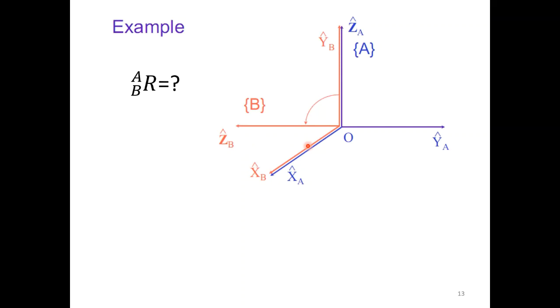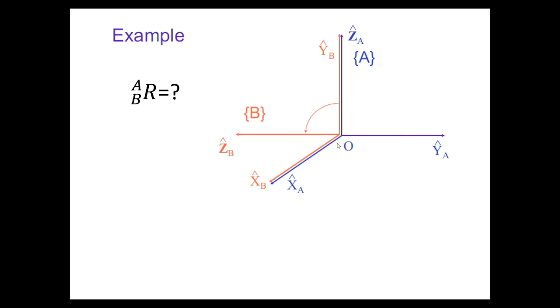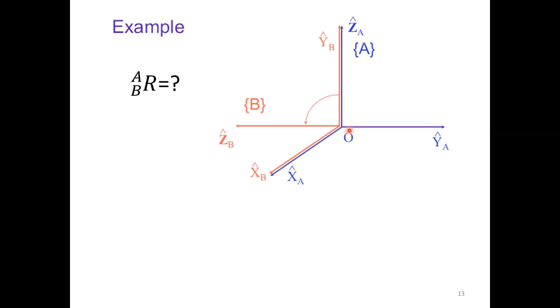The shadow it creates on x hat A, the blue one, is 1. The shadow on y hat A is 0 because this is 90 degrees, no shadow there. And the shadow on z hat A, the vertical one, is also 0. So the three shadows on x hat A, y hat A, and z hat A are 1, 0, 0. So Jayaratna has got it right.